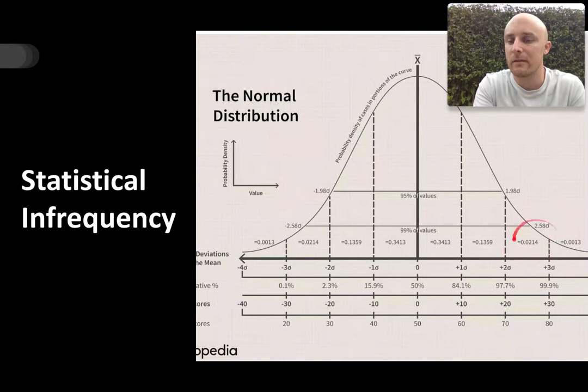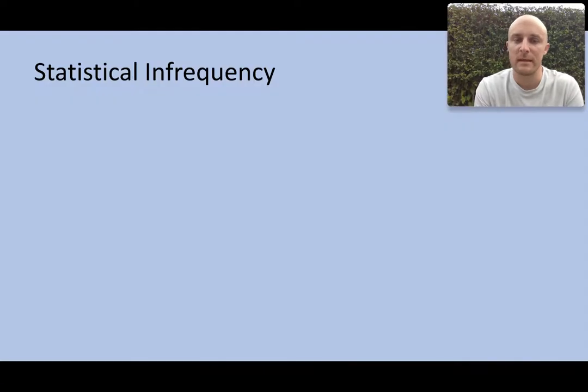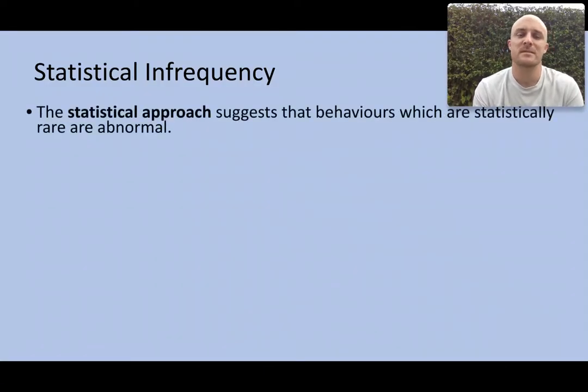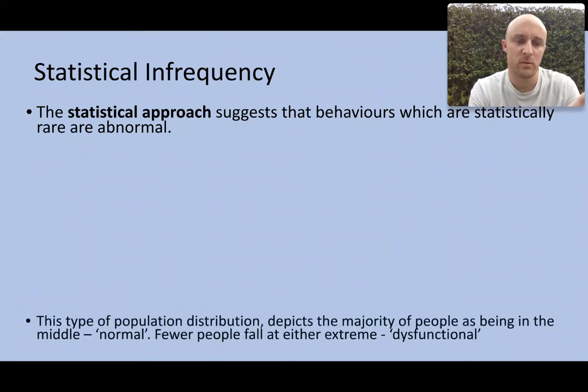So if for example this is measuring IQ and your IQ is here, you are abnormally intelligent. If your IQ is here, you are abnormally unintelligent, presumably. So statistical frequency deems that any behaviors that are statistically rare are considered abnormal. Fine, that's quite easy.